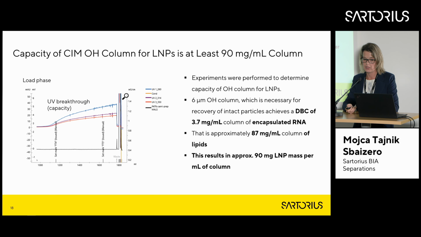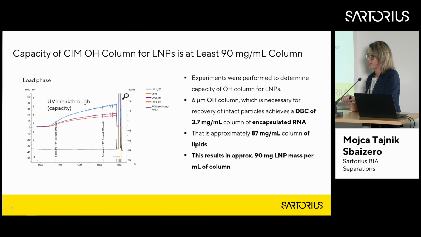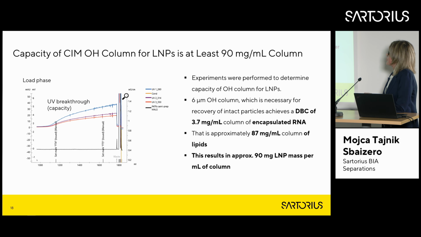This is connected to the capacity. You can reach a higher concentration the closer you are to the capacity of the column. We measured here for the SM102 formulation a capacity of 3.7 milligram of RNA per milliliter of column.